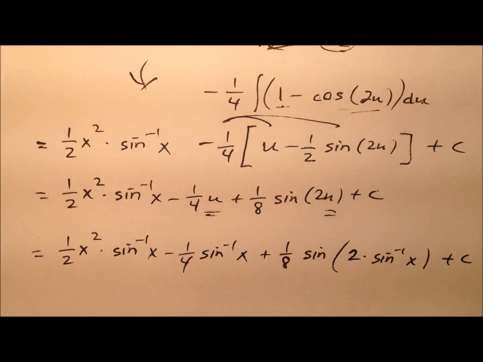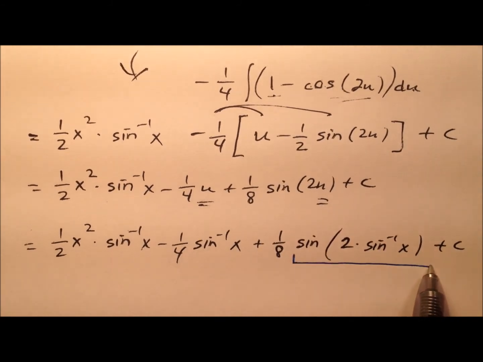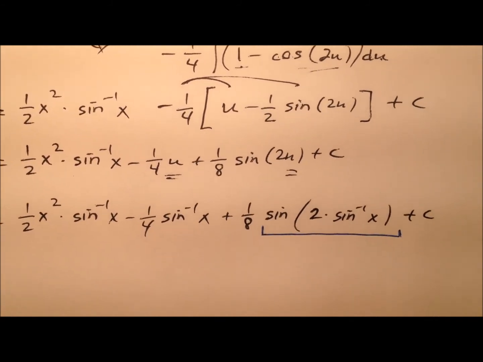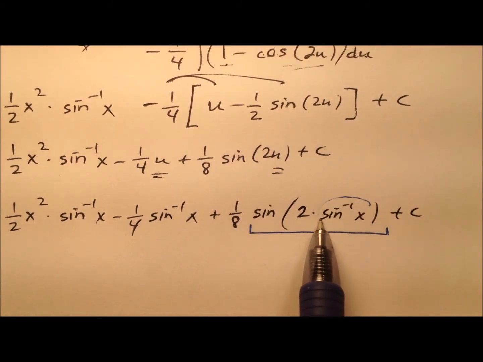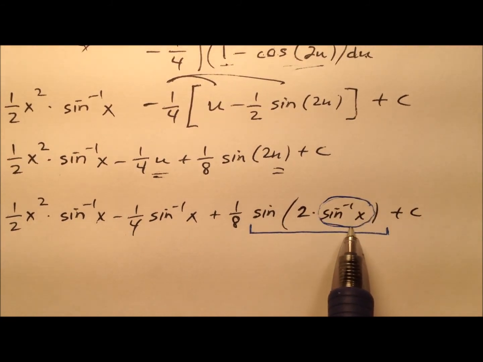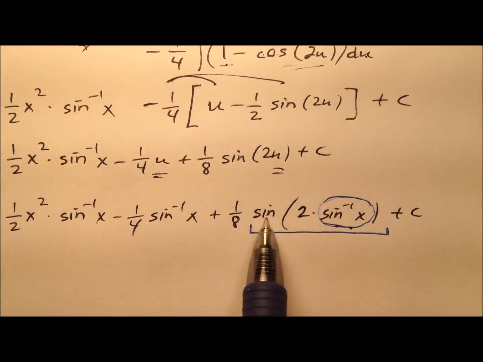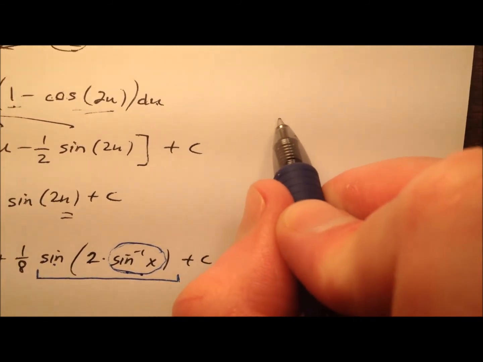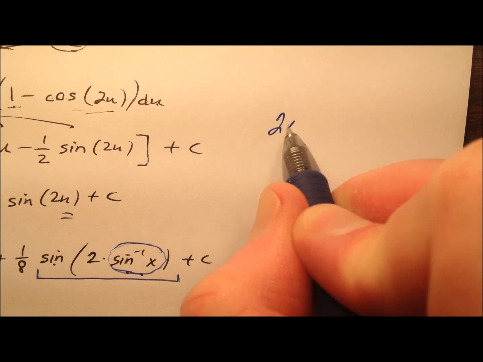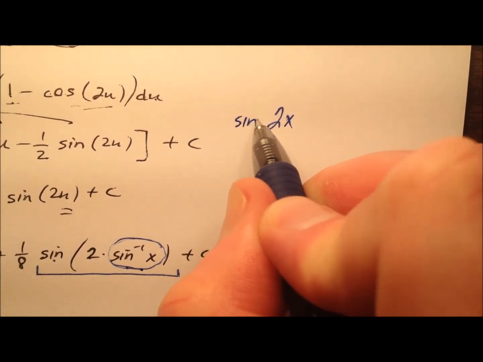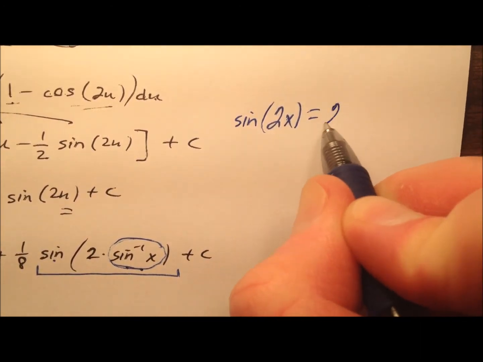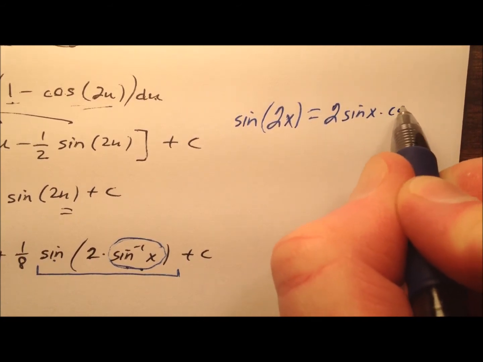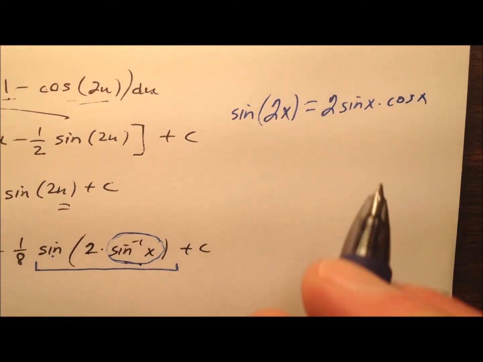Well, now we have quite an interesting situation here. Remember that these arcsines are actually angles, and so it looks like we have a double angle for sine. And remember that the double angle for sine, I'll go ahead and write over here. So when we have this double angle, it's actually going to be 2 sine x cosine x.